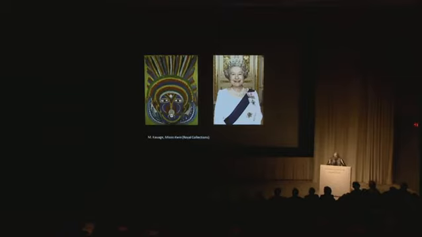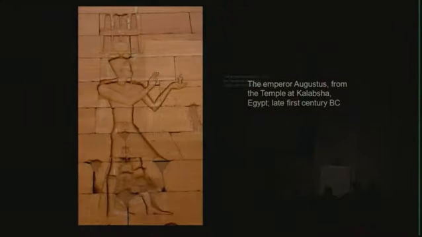Now, I show it to you at this point, partly because it makes a nice parallel with an image of Augustus that I put on the screen very briefly in the first lecture, one of several named portraits of the Roman emperor in what was then the Roman province of Egypt, a portrait casting him as a traditional Egyptian pharaoh.